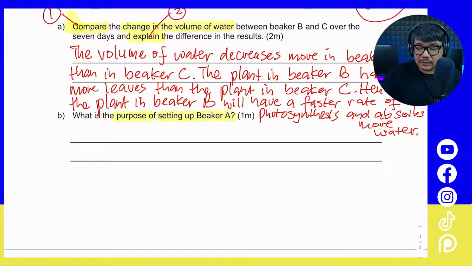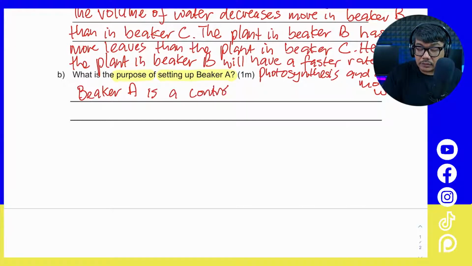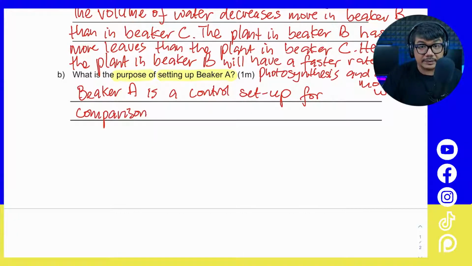All right, so let's answer this question here. First, identify the purpose of beaker A. Beaker A is a control setup. All right, for what purpose? For comparison.